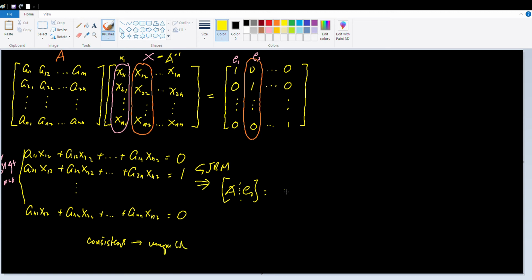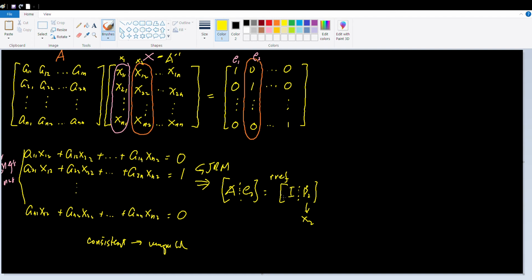So the augmented matrix, after reduction to echelon form, we will be getting the first n columns, which is the identity matrix, and the last column denoted by B sub 2. And this B sub 2 is none other than the solution or the values of x sub 2. And what is this x sub 2? This is actually the second column of the inverse matrix that we are looking for.